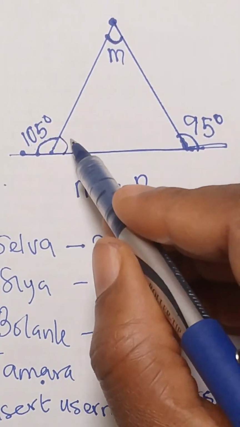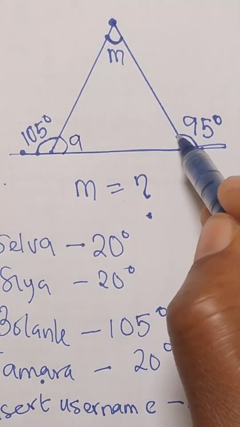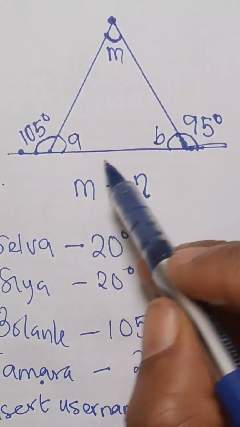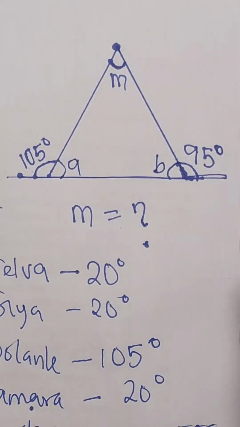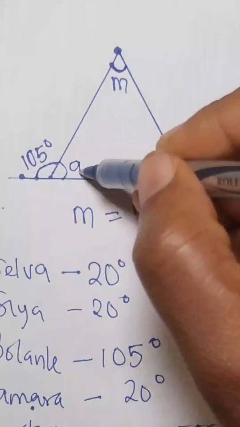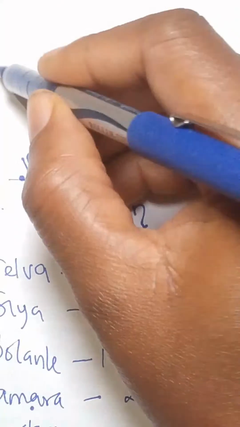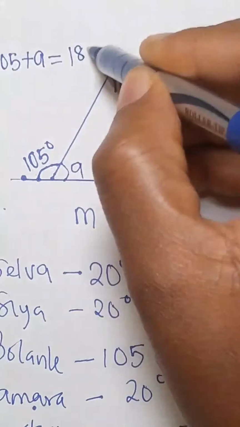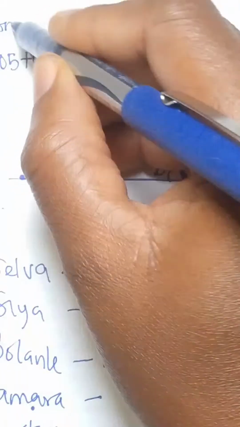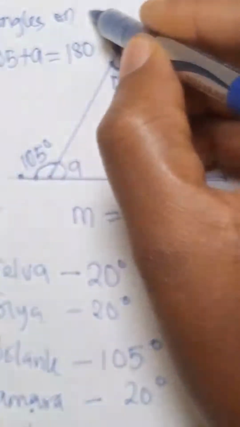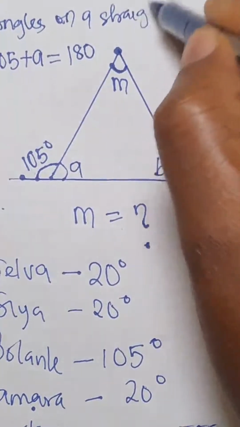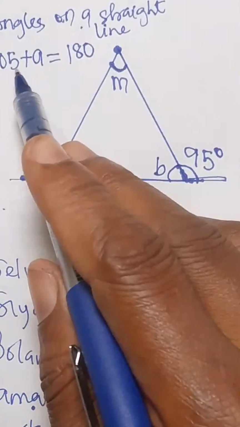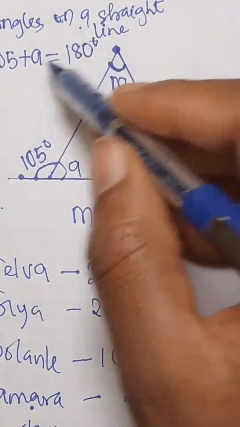Let's call here A, and let's call here B. Like I told you, this is a straight line, and we know that angles on a straight line is equal to 180. Now we solve for A. 105 plus A is equal to 180 degrees. Reason: angles on a straight line.